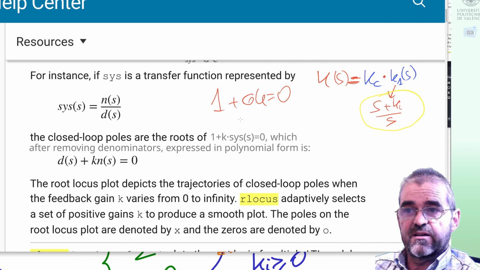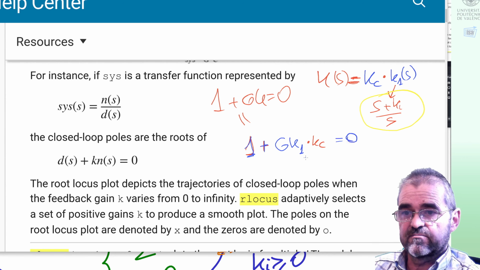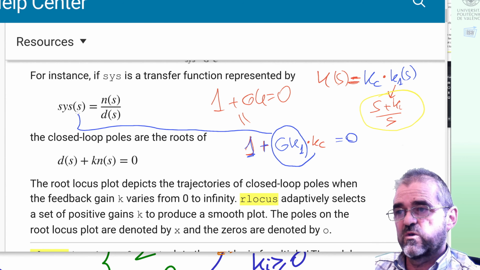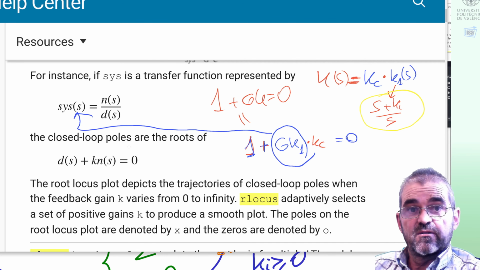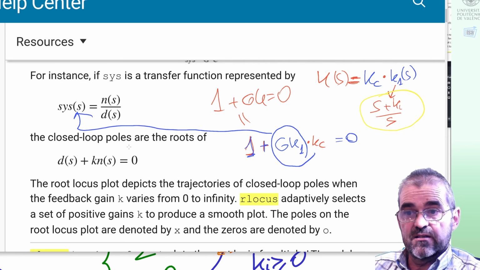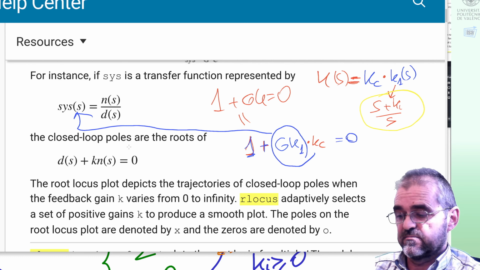So my characteristic equation will be 1 plus g k1 times kc equals 0. Then this is what we need to put in sys to plot the closed loop poles as the overall controller gain changes. So let's try it in MATLAB.